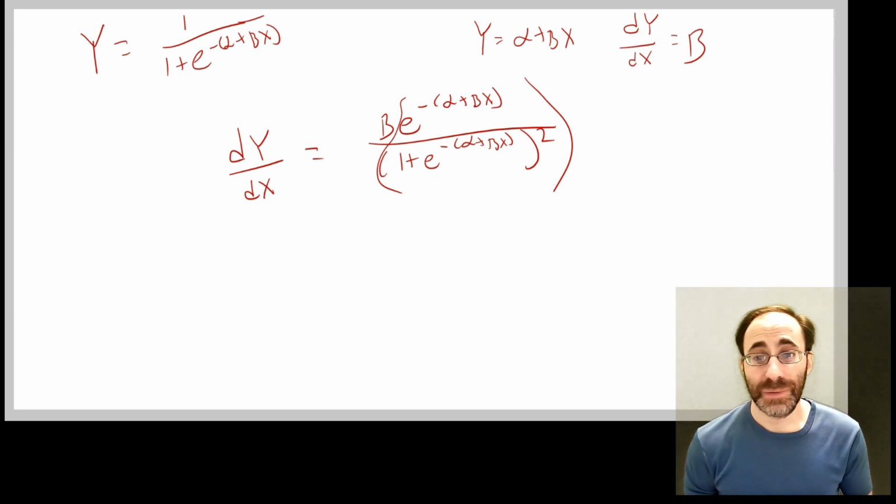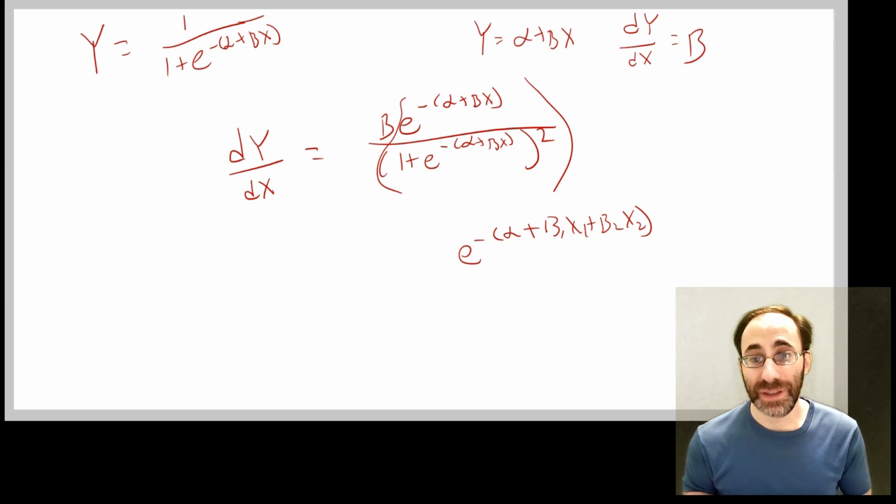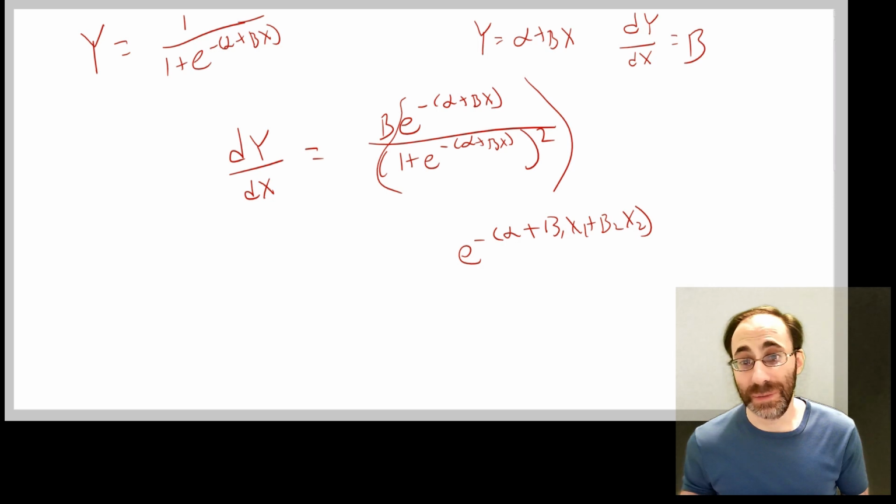It also is why, if we had not just beta x, but e to the negative alpha plus beta 1 x1 plus beta 2 x2, we'd get interaction terms that matter in this case, because these x2s would still be in our marginal effects. So just like before with the interaction terms, we'd get a marginal effect of x1 on y that depends on the other variable x2, and that would lead to differences in the marginal effects based on the value of x2 as well as x1.